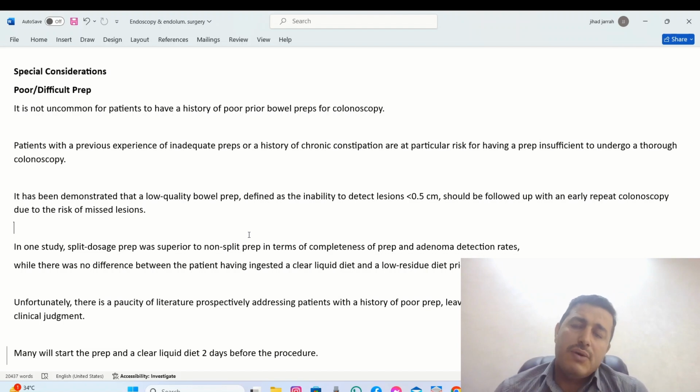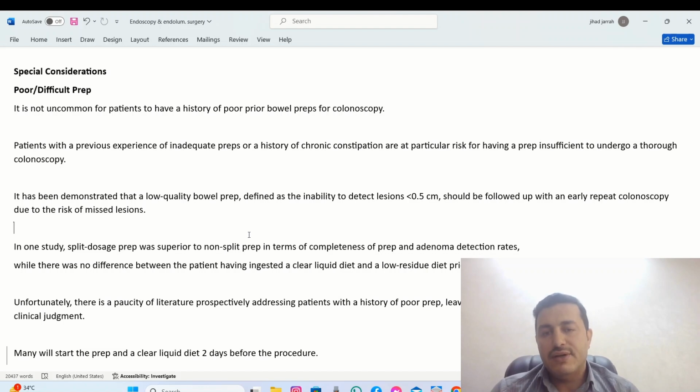Again, some information about the bowel preparation. We said that the split dose is proven to be better than taking it 1 time. Split dose, you can split it to 2, 3 doses and take it. It's not proven that taking clear liquid is better than taking low residual diet.